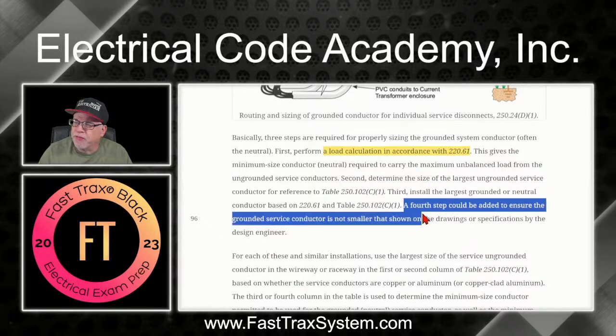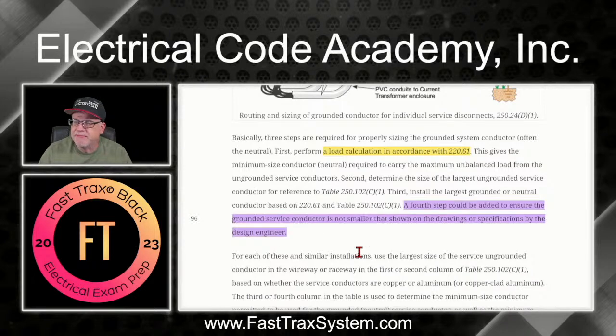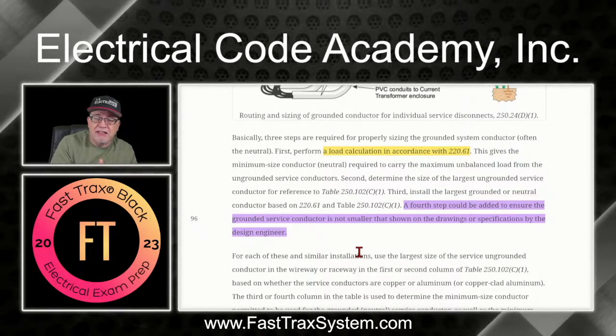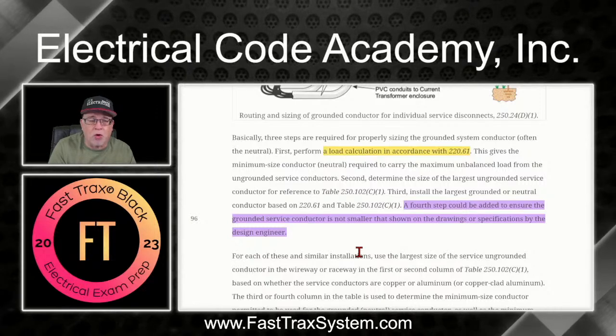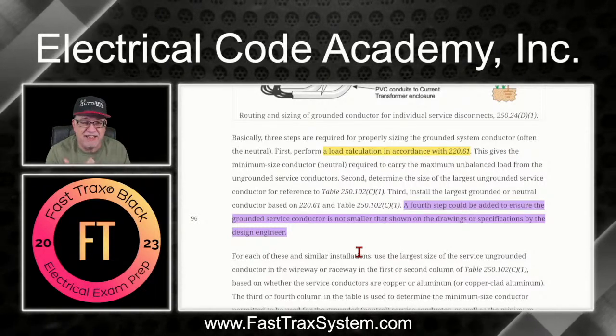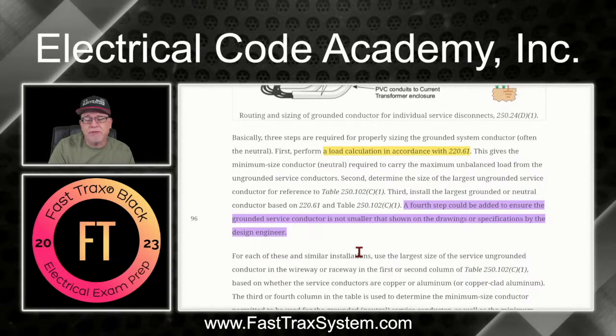Now, of course, the fourth thing that might come into play is if it's an engineering design. If an engineer designed it and they just made the grounded conductor the same size as all the ungrounded conductors or larger or whatever they did, right, then you're going to follow the engineering's drawings. Because ultimately, at the end of the day, they're the ones that are designing it. They're the ones that are putting their stamp on it.